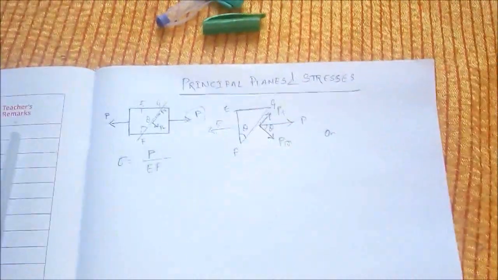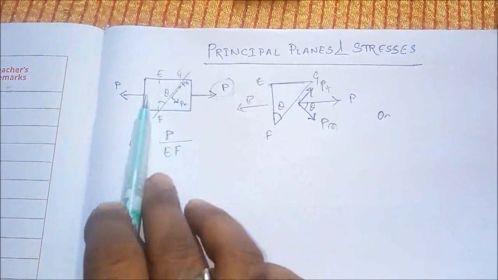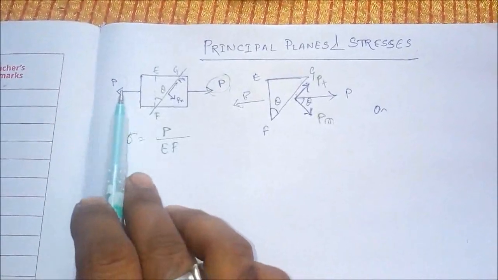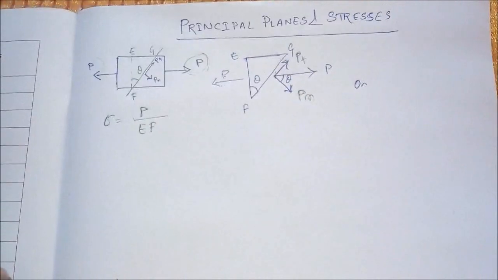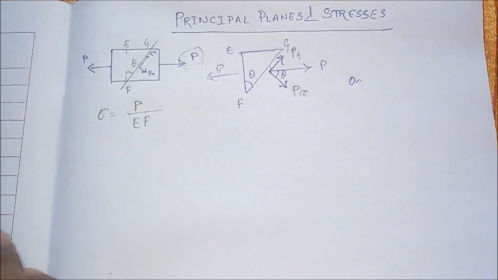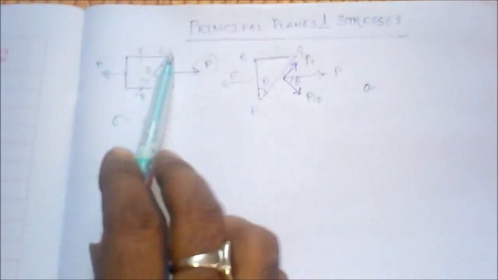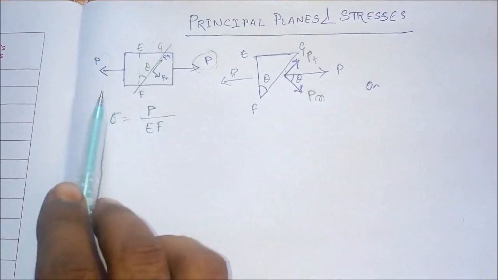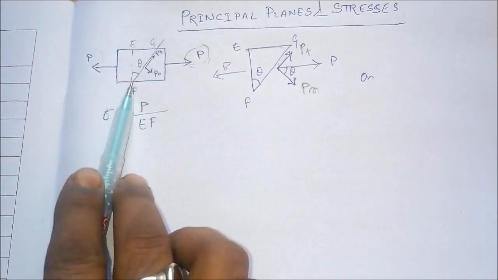Suppose in this particular body, we are having one force, that is P, a tensile force, and we are taking an oblique section, that is FG, which is having a theta angle with EF, the vertical cross section.